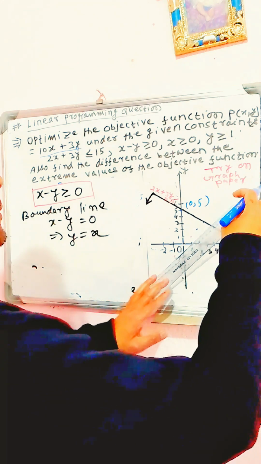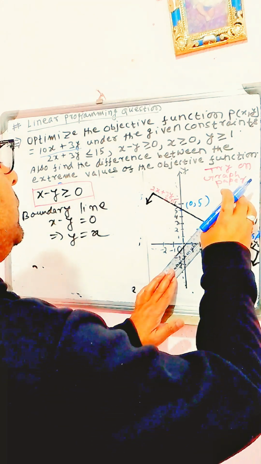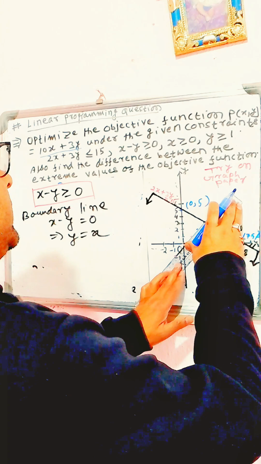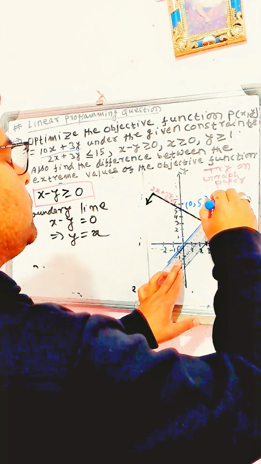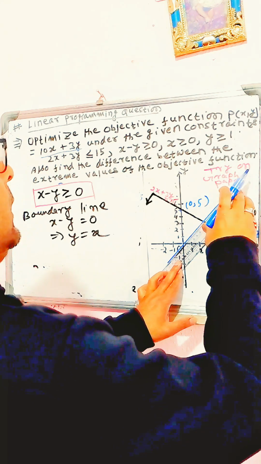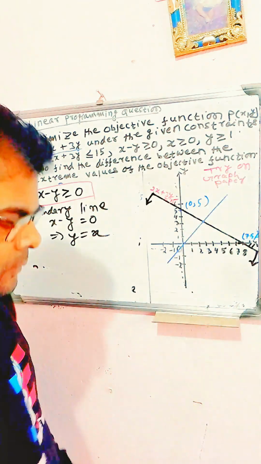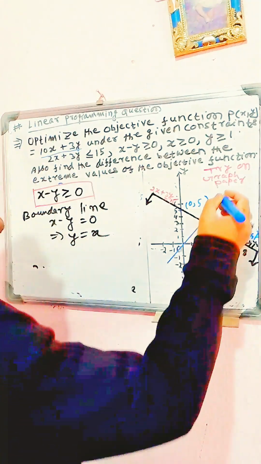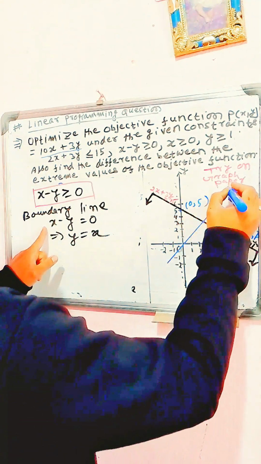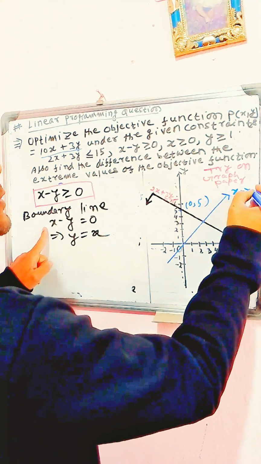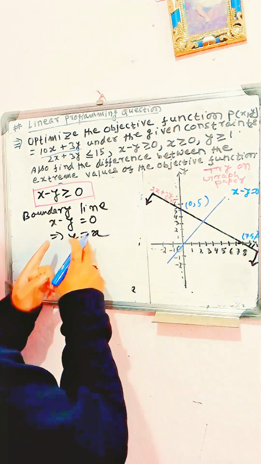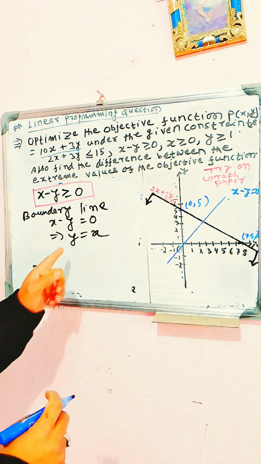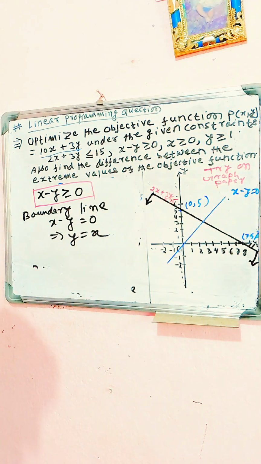You don't need so many points here; 2 or 3 points will work. Then take a scale and move your hand freely along those points with the help of the scale. So you have the equation of the line x minus y equals 0, which is the boundary line, or y equals x.